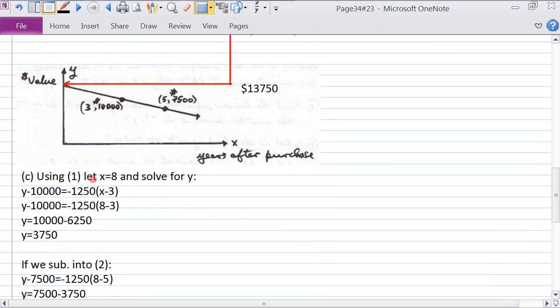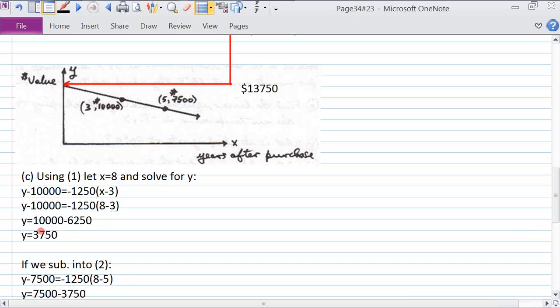Now we're asked to find out what the value of the car is in Part C after 8 years. So we go back and we use equation 1, y minus 10,000 equals minus 1250 times x minus 3. X is the number of years, and we're going to substitute 8 because that's what we're given in the problem.